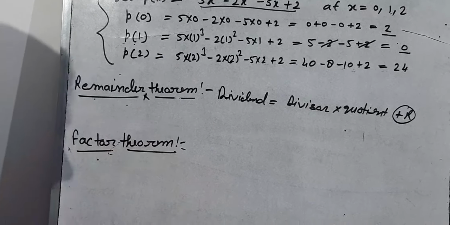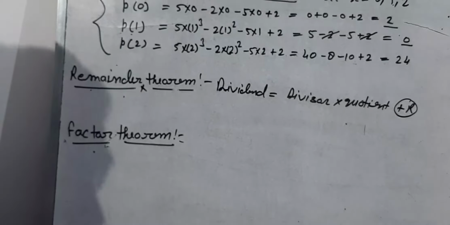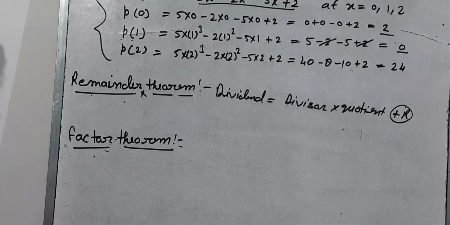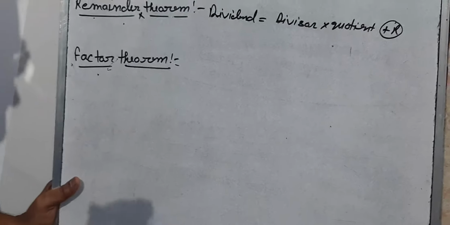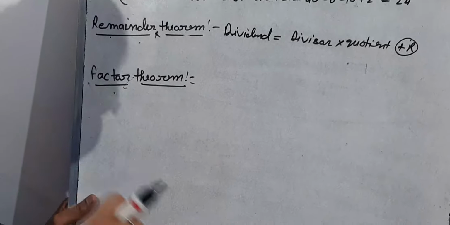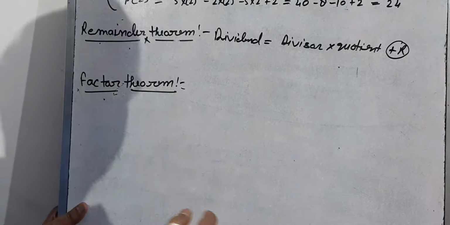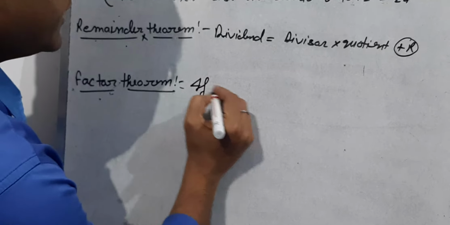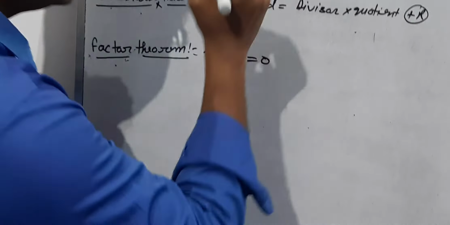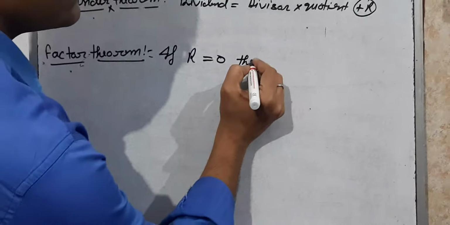If the remainder equals 0, then we say the divisor is a factor of the dividend.